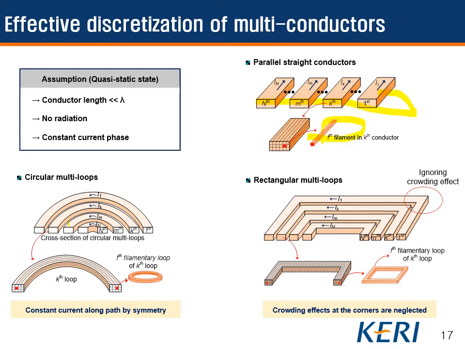For the circular coils, it is discretized into loops with a finite thickness. For rectangular coils, it is discretized into rectangular loops with a finite thickness. And by discretizing these coils properly, we can solve the coils efficiently.